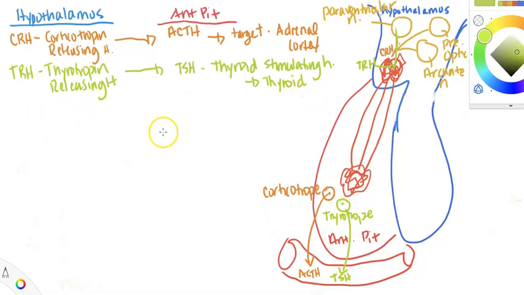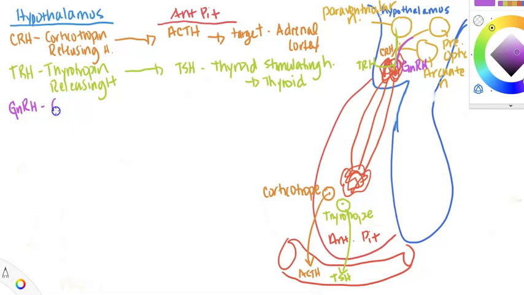All right. The next one out of the preoptic is GnRH. So GnRH is growth hormone.